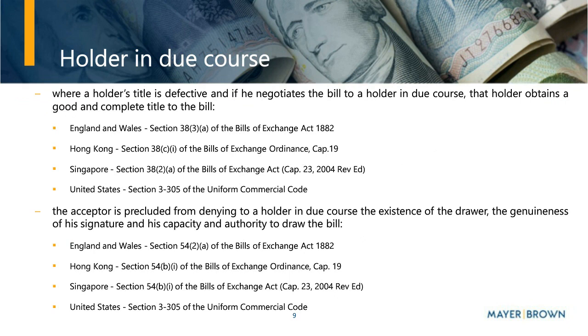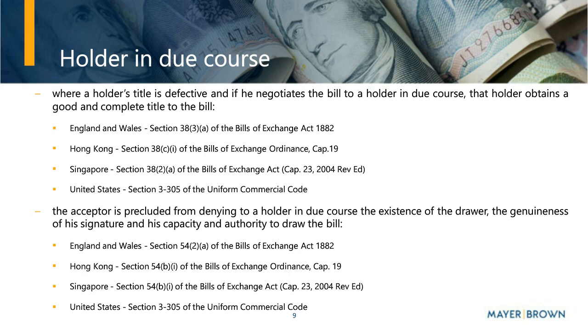Where a party's title is defective, if that party negotiates a bill to a holder in due course, that holder obtains good and complete title to the bill. And if he obtains payment on the bill, the party that pays him gets valid discharge of the bill.